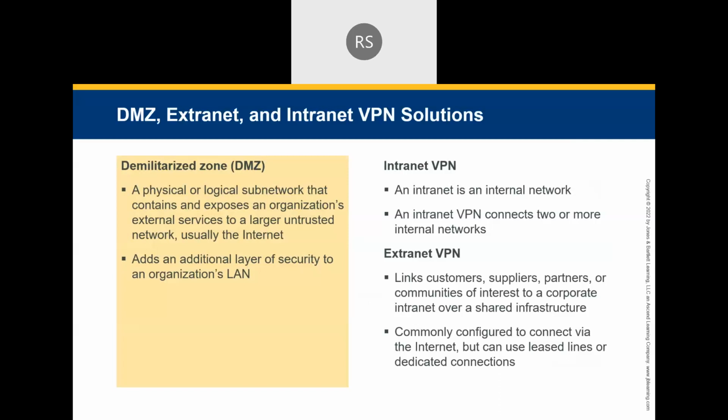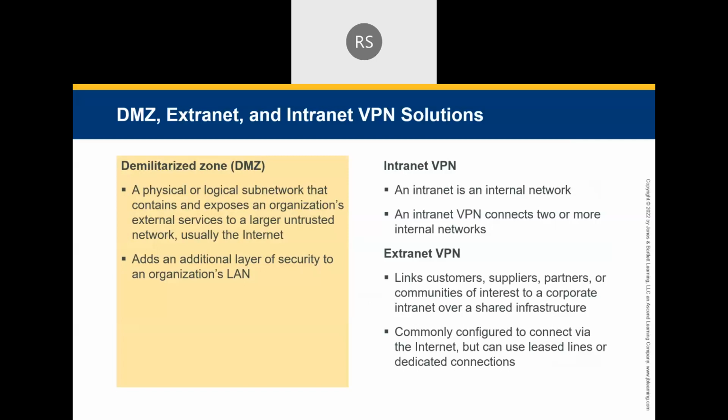Now, the extranet VPN extends the concept of the intranet VPN to include external parties such as customers, suppliers, partners, or communities of interest. So it allows authorized external users to securely access specific resources or services that are on the organization's intranet over a shared infrastructure.